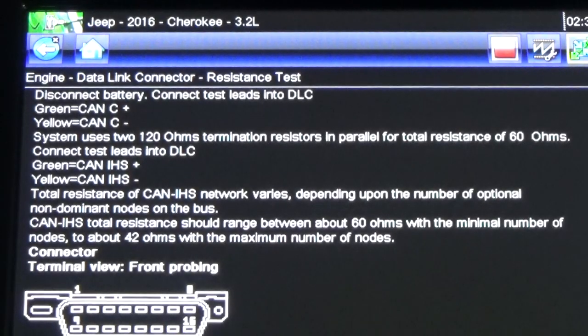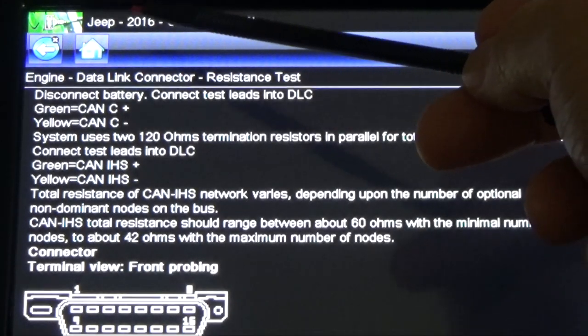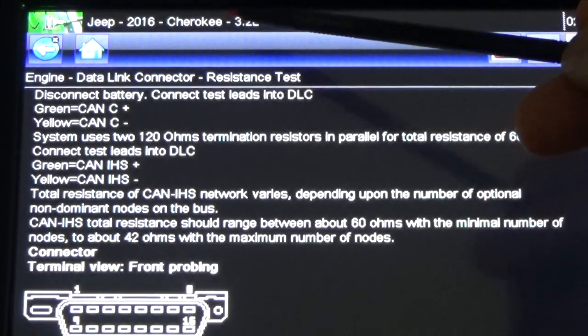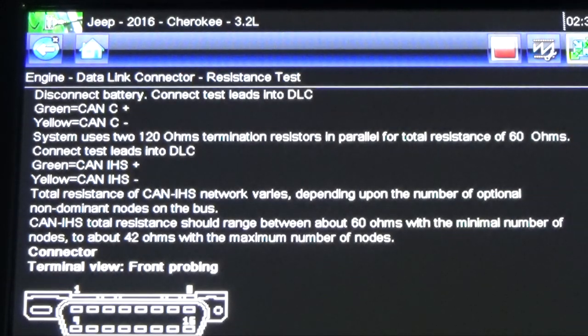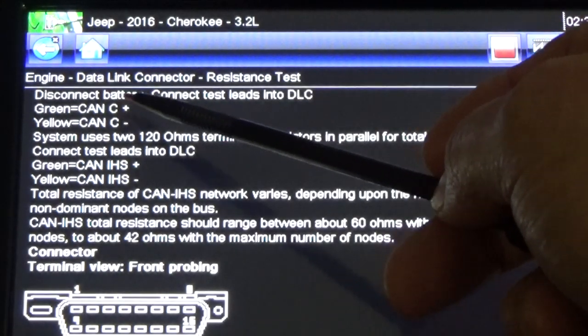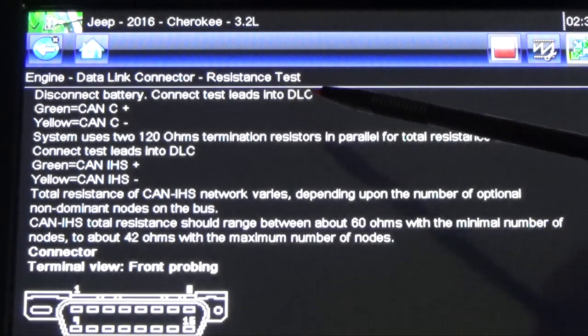Okay, when you measure CAN bus, you always need the system description. You need to know what the manufacturer requires the resistance in that CAN bus to be. In this case, I'm using a 2016 Jeep Cherokee with the 3.2 liter, and it's plain here what they want.